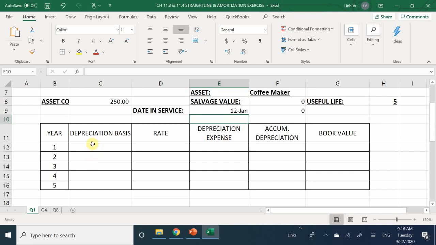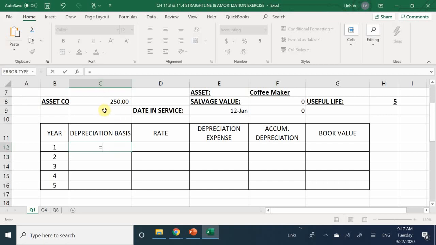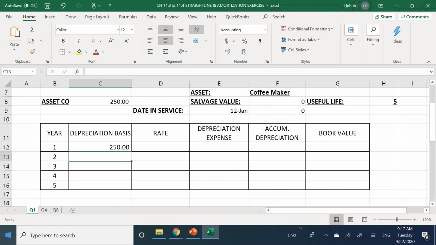So what is my depreciation basis going to look like? It's going to look like 250, because the cost of the asset is 250 and we have no salvage value.